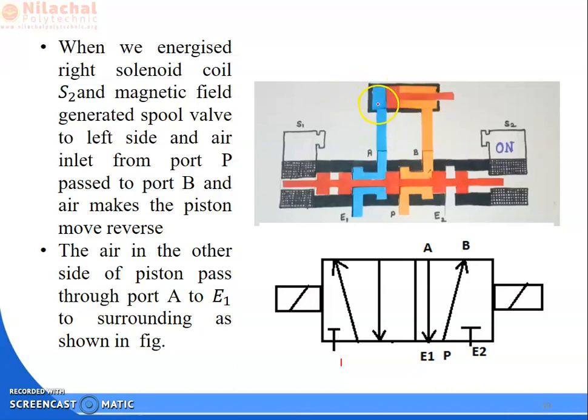The air on the other side of the piston will be moved from A to E1, and in that case the E2 valve is in closed position. So you can see A to E1 the flow will be there, and P to B the flow to the cylinder, and E2 remains in closed position.